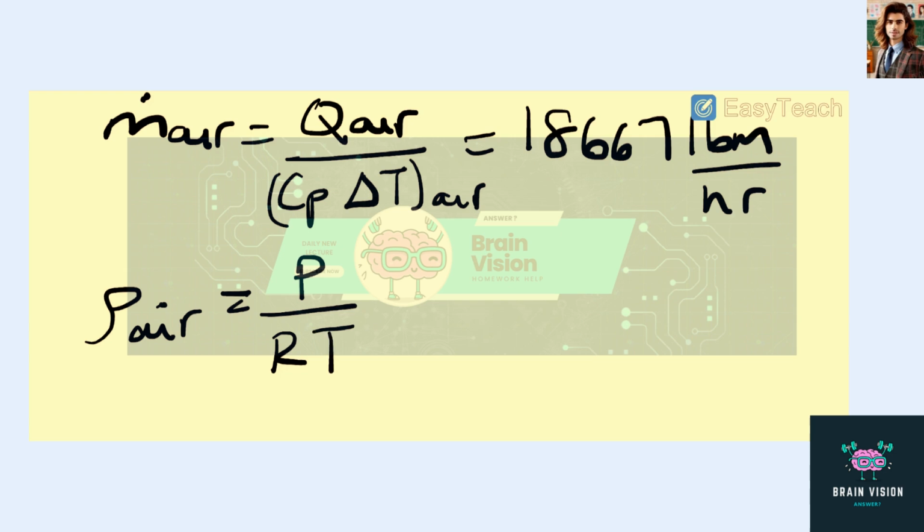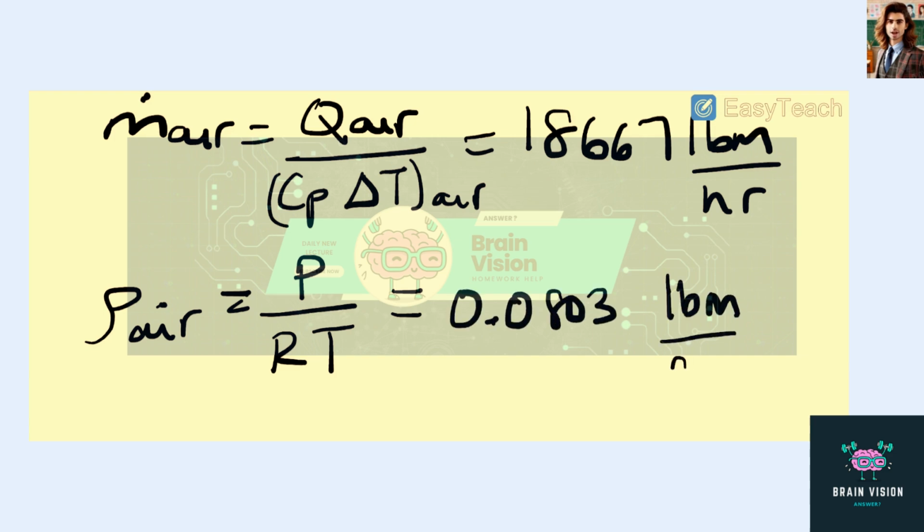By looking up in thermodynamic tables, we find that the gas constant R for air in standard units is 0.3704 psia cubic feet over pound mass Rankine. And we're also given the temperature. And we can calculate the density of air to be 0.0803 pound mass per cubic feet.